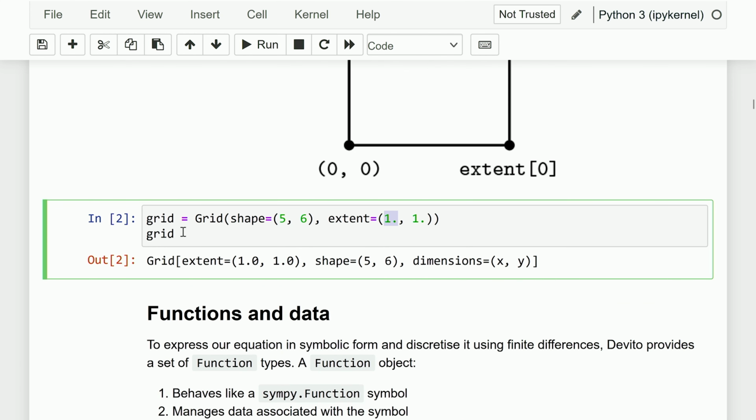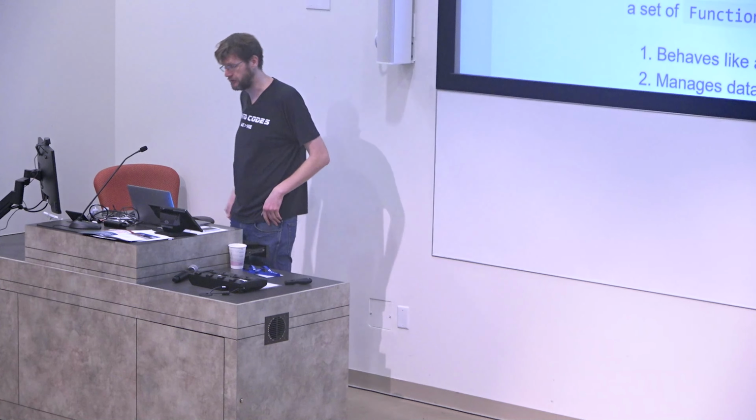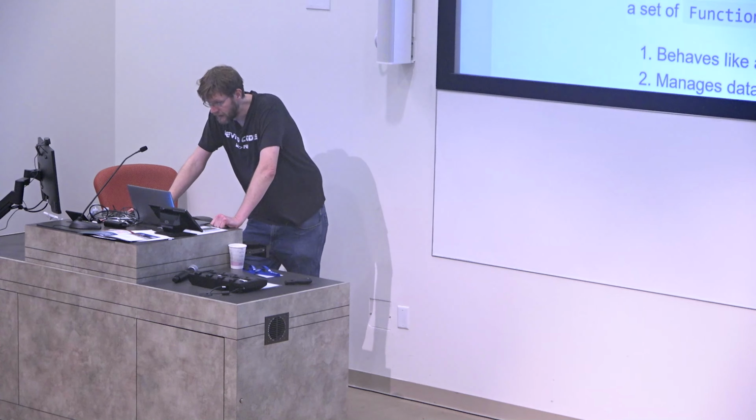After creating our grid object, if we print it, you can see we have this grid with an extent of 1 and 1, shape of 5 and 6, and it's automatically been assigned the dimensions x and y. You can define your own dimensions if you like, but by default, Devito will just use the standard x, y, z dimensions for any 2 or 3-dimensional grid you define.